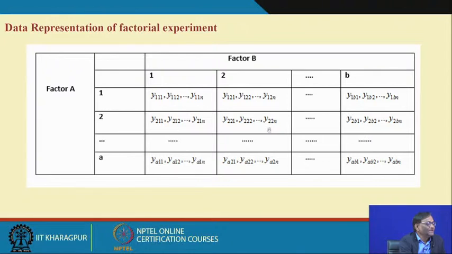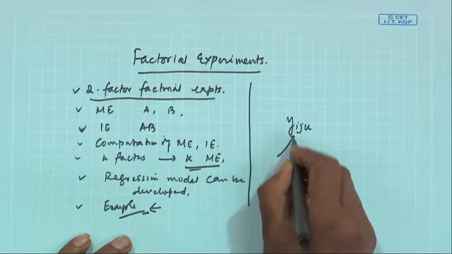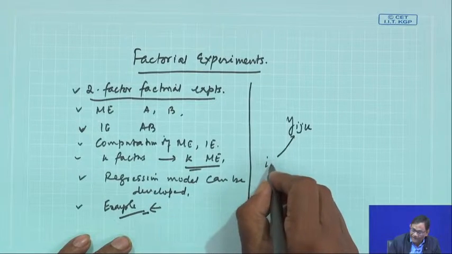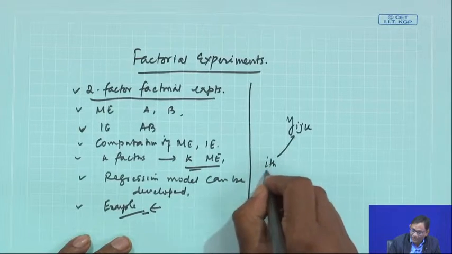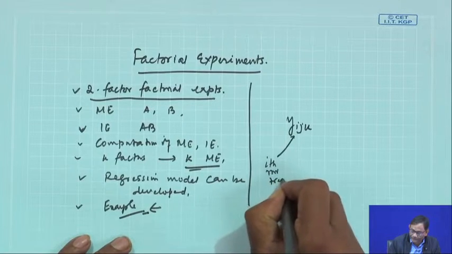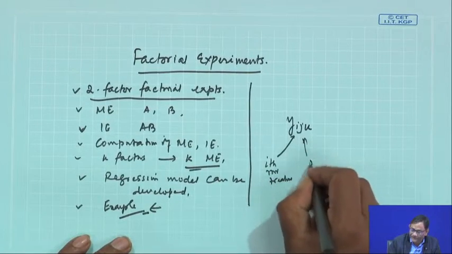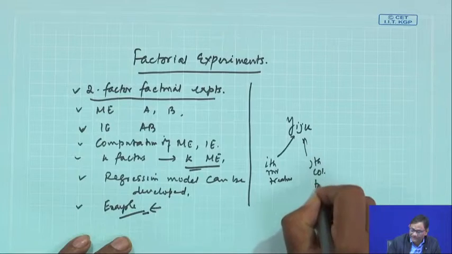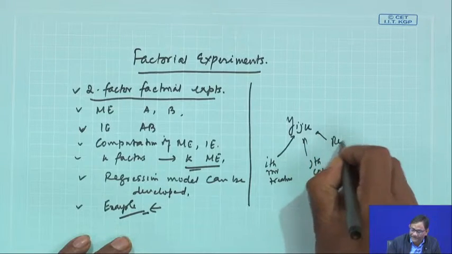In general, there will be a general observation y_ijk, i for the ith row treatment, j for the jth column treatment, and k for replication.